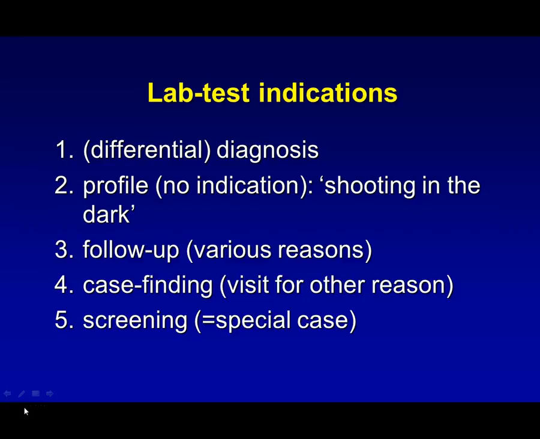Another test indication is case finding. For example, there's a very obese patient coming to the GP with a sore finger or whatever, and at that time a GP may indicate glucose testing because in very obese, especially in elderly patients, the risk of diabetes is high.